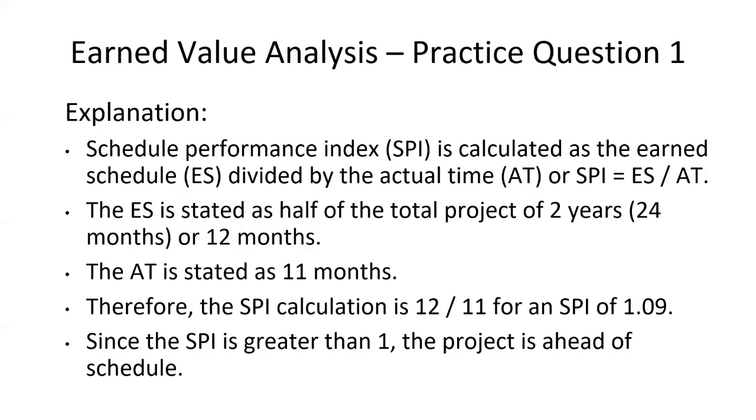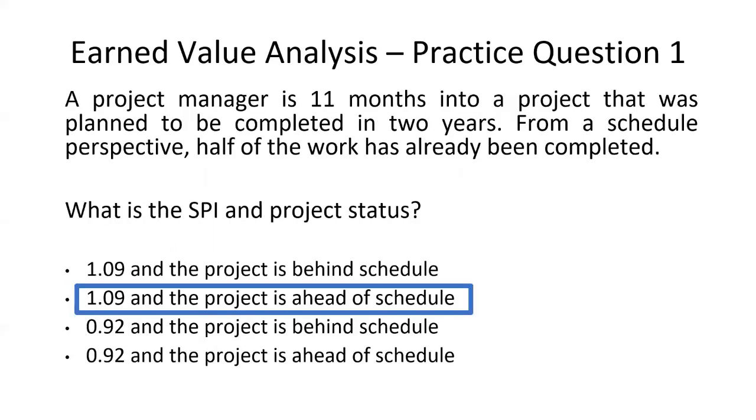And the actual time to complete the 12 months of work is 11 months. So using the formula of 12 upon 11, we find out that the SPI is 1.09. Now, when SPI is greater than 1, we say that the project is ahead of schedule. So we choose the option of 1.09, and project is ahead of schedule.